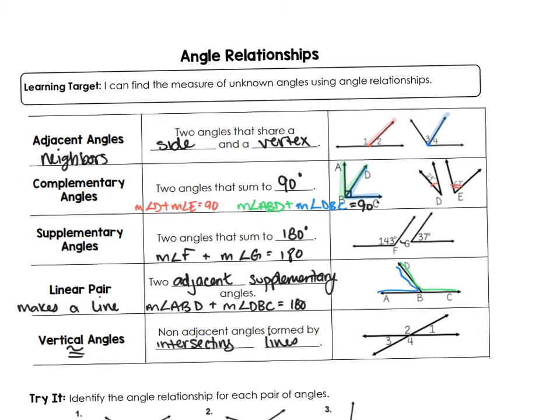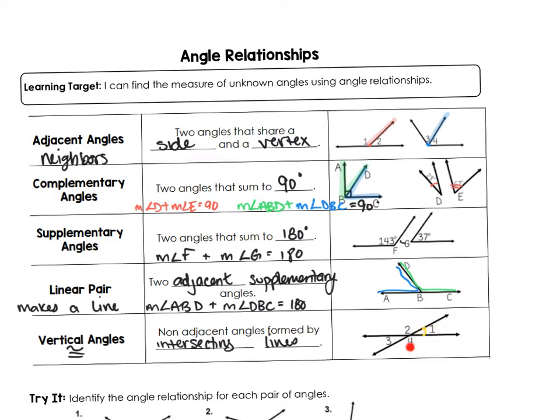So if we look at our diagram, I need non-adjacent angles formed by my intersecting lines. So if I start with angle 1, well, angle 1 is adjacent to angle 2. They share this side.